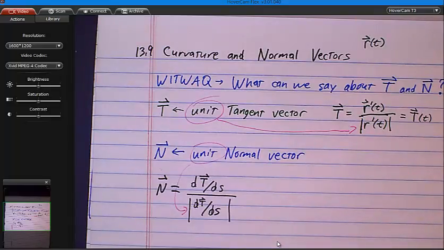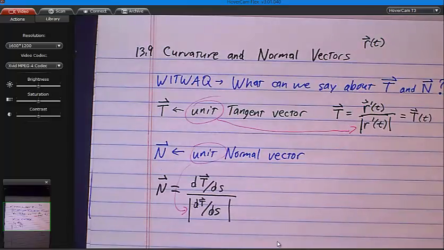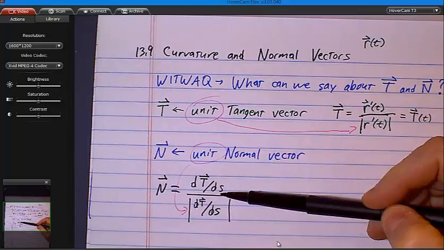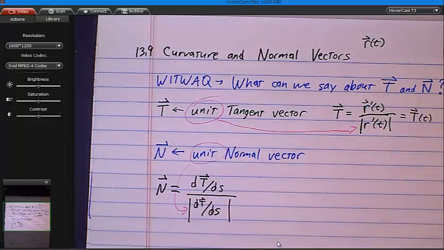We showed you last time how I can change the parameter and make us go through a curve more quickly or more slowly or at different rates. And then we also showed you that sometimes you can think of the arc length as the right speed to go, because we studied arc length last time. So you can switch the role of t and s, and when you do that, you can take the derivative of T with respect to s, and then divide by the magnitude. That's the normal vector somehow.